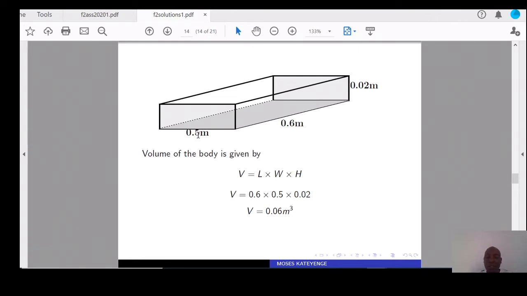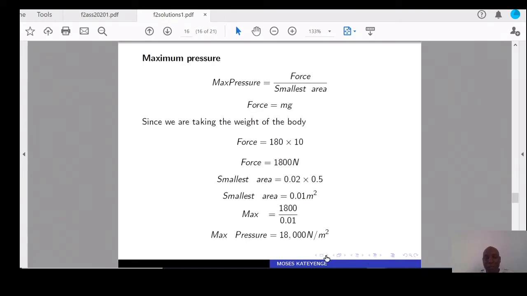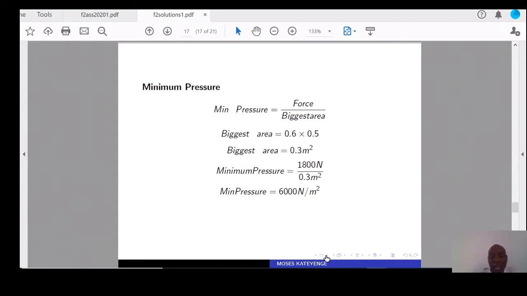When we multiply these two, we get the biggest area, which is 0.3 meters squared. Therefore, minimum pressure is equal to 1,800 newtons divided by 0.3 meters squared, from which we get our minimum pressure as equal to 6,000 newtons per meter squared.